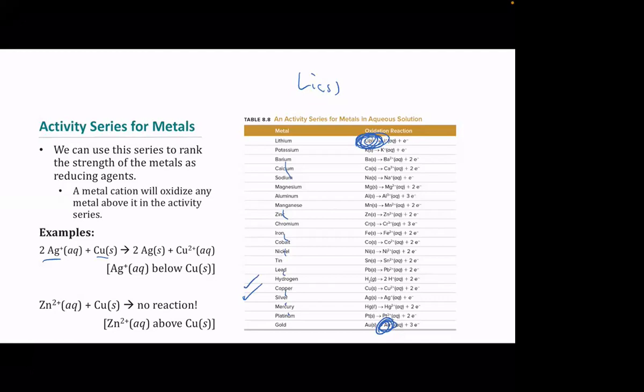So that means silver ions will oxidize the copper. That's what we just said. Just like gold will oxidize any metal above it. So you're talking about this oxidizing any of these elemental metals, and this reducing any of these cations.